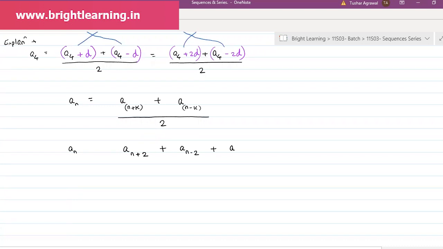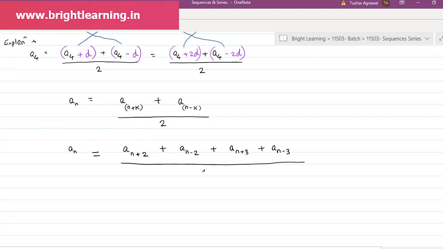And let's say if I take the n plus third term, means I go 3 steps ahead, I also come back 3 steps behind the nth term. They will get added. If I want to make this an equality, what should I write in the denominator?